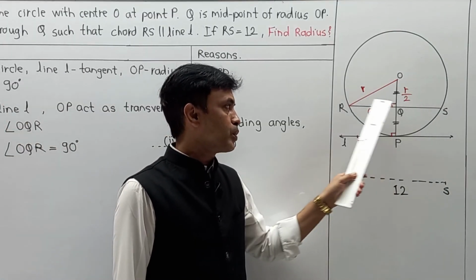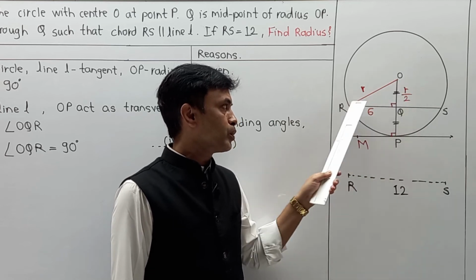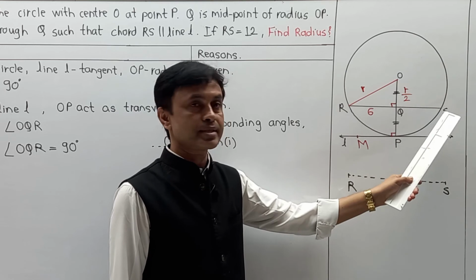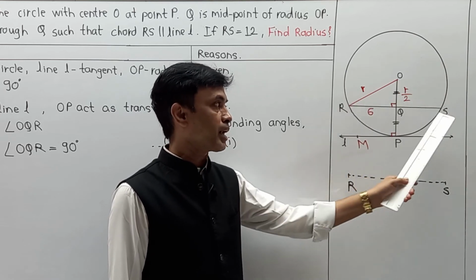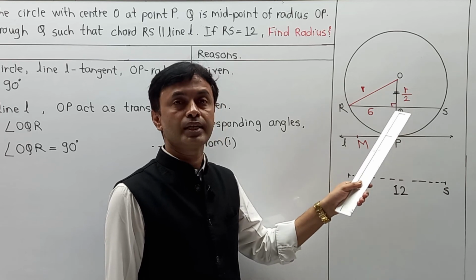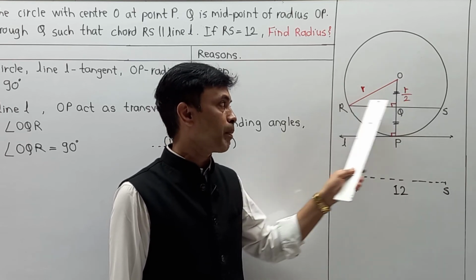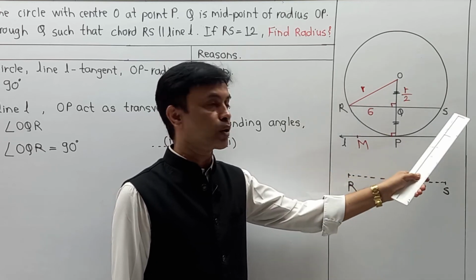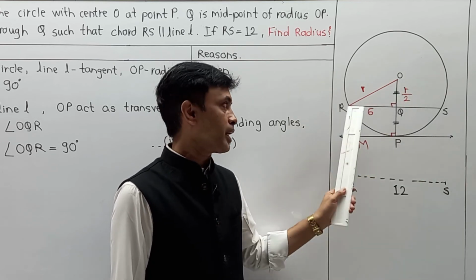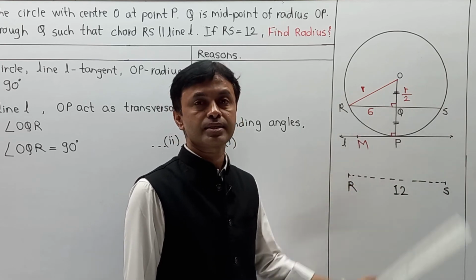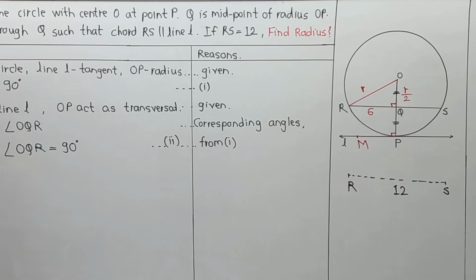As angle OQR is 90 degrees, and they have given RS as a chord of a circle, now we are able to prove that OQ is perpendicular to RS. Naturally the perpendicular from the center of a circle to the chord bisects the chord. Naturally RS is 12. We can write RQ as 6. So the writing part is third.